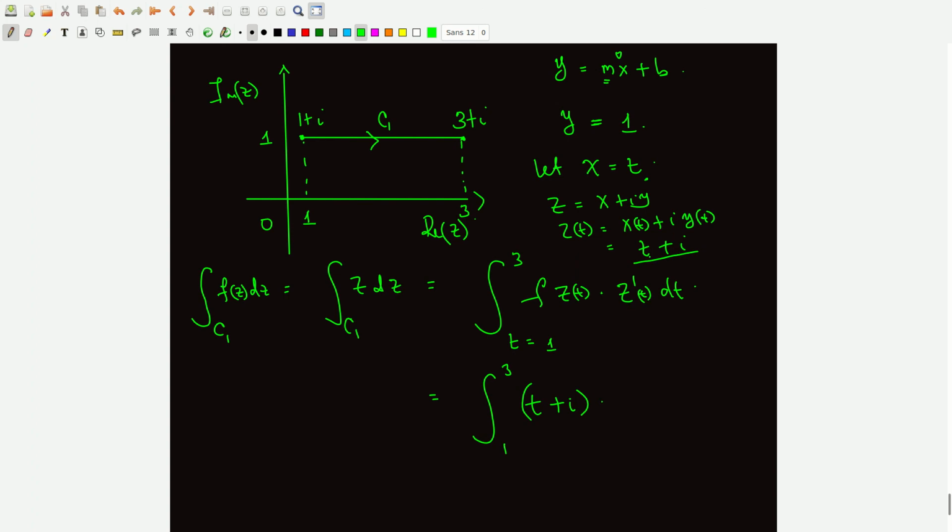If we differentiate here, we get 1, and i is a constant, so we get 0. So the whole of this is simply 1, and then dt. Which is pretty straightforward, giving t squared over 2 plus it, with the limits from 1 to 3.